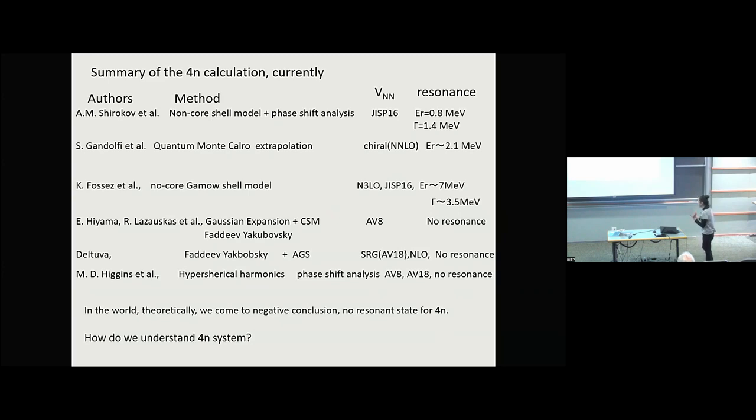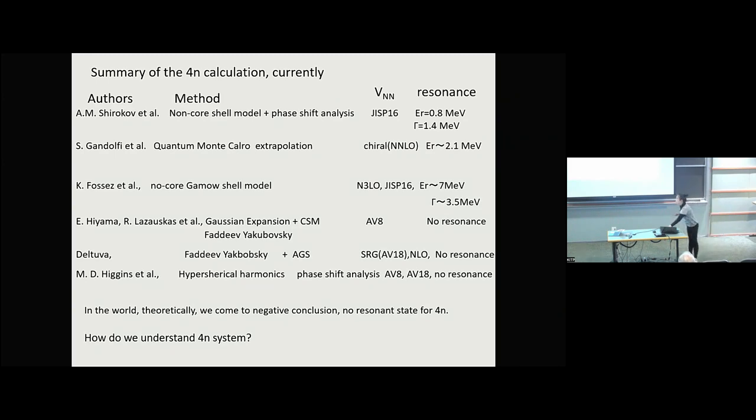After that, Deltuba and also Chris Green calculated the tetraneutron state with different methods, and they also had no resonance state. Therefore, currently in the world, theoretically, we came to an almost negative conclusion, that is, no resonance state of the tetraneutron. However, if we have a resonance state experimentally in the future, how do we understand this tetraneutron state?